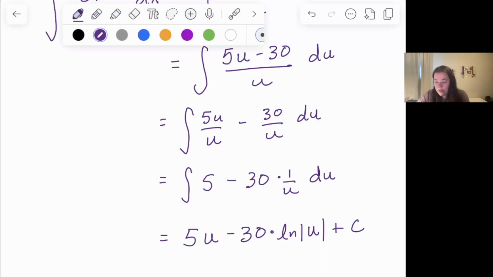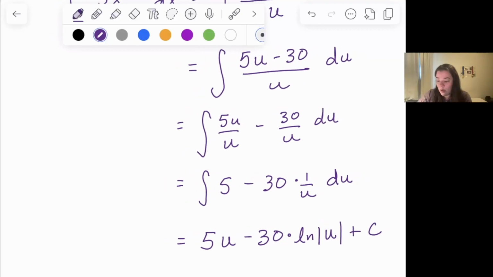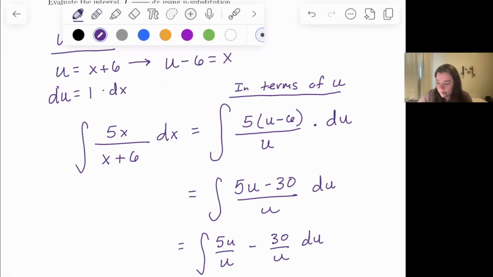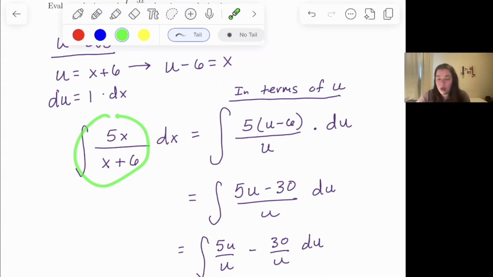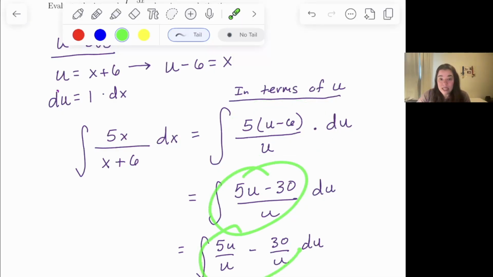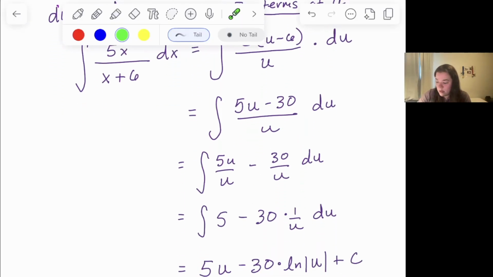So there you have it. We're not done. We need to put this answer back in terms of x, but just to highlight what we did, let's go back to it. We took a complicated problem. We did an appropriate variable substitution to rewrite it. We did some housekeeping to clean it up.